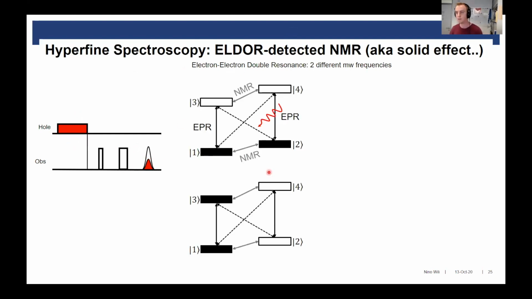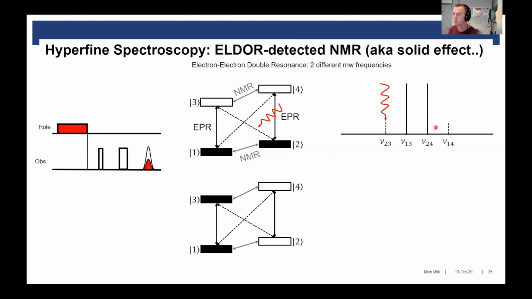If you have this level diagram and you hit one of these forbidden transitions, you pump population up here, going from here to here. So you produce nuclear polarization, which is what you need in DNP, but you also saturate the electron transitions. Of course, in reality, it's never saturation. It's just an illustration here.